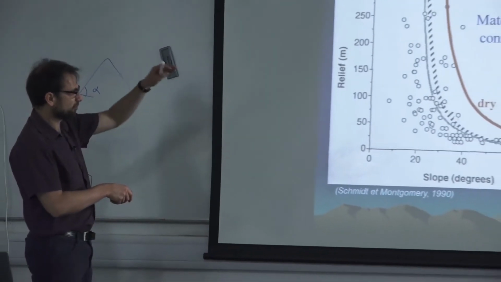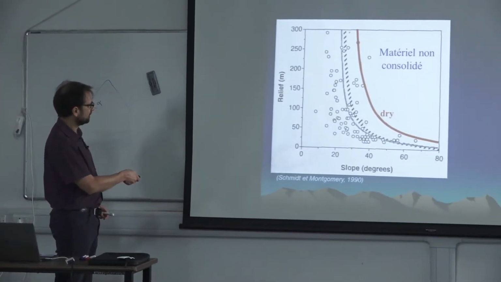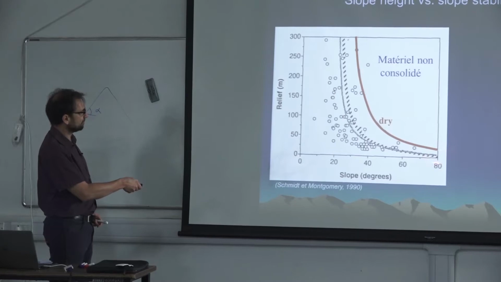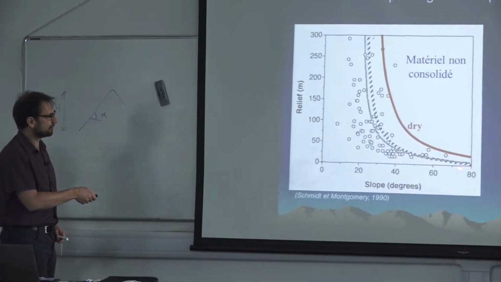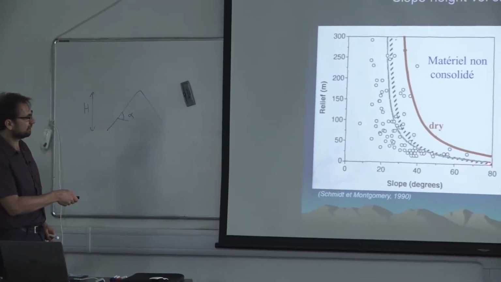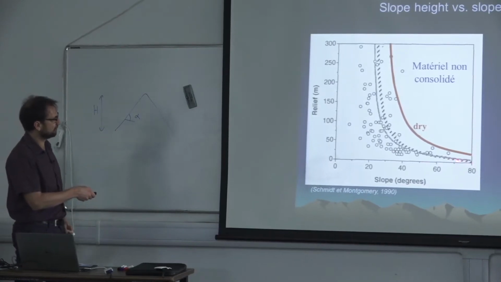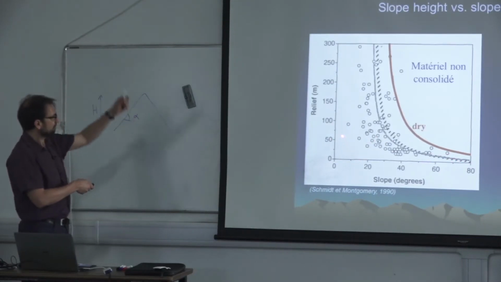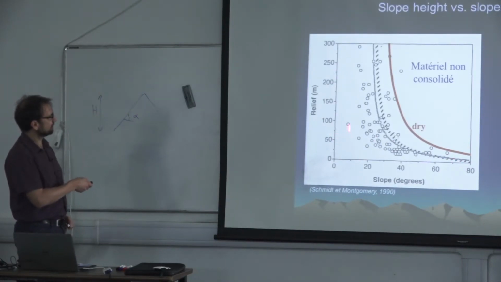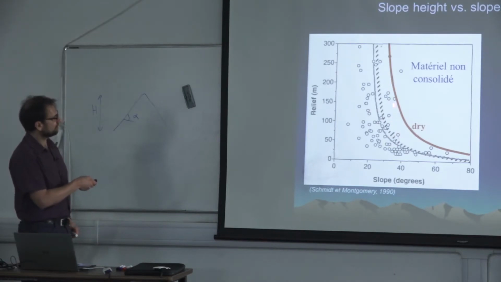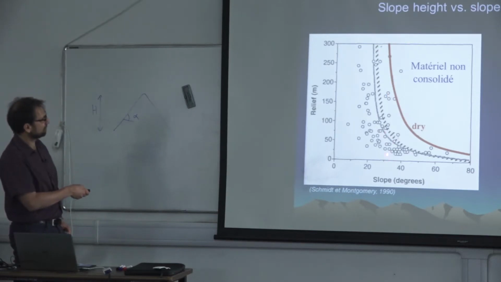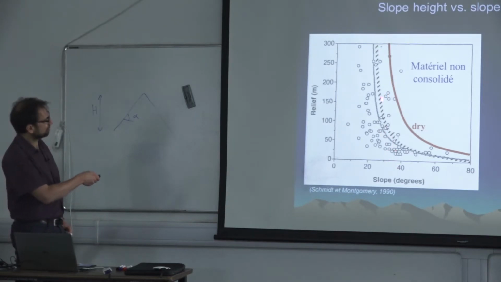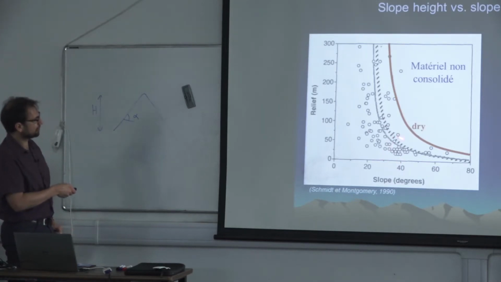In fact, for very small relief, a small cliff, like here a 20-meter cliff, you can have a locally vertical cliff, 80, 90 degrees steep. But when you have very high relief, several hundred meters, then you begin to have much gentler slopes, and you go toward a value constrained by the friction angle.